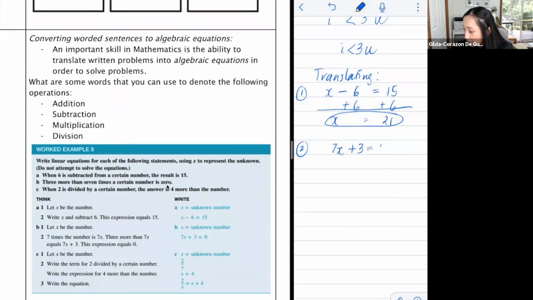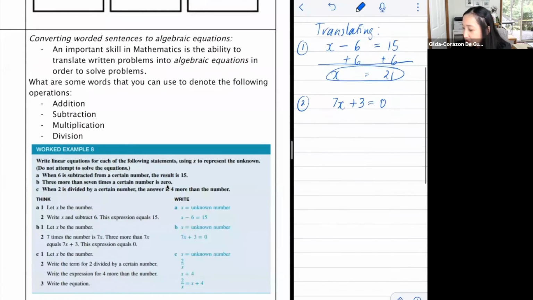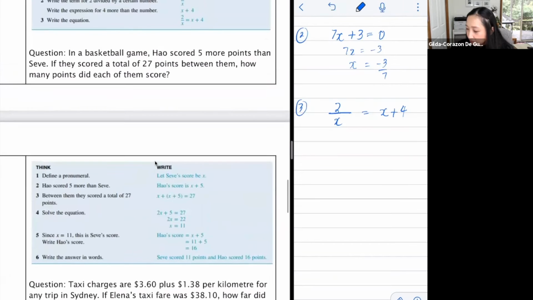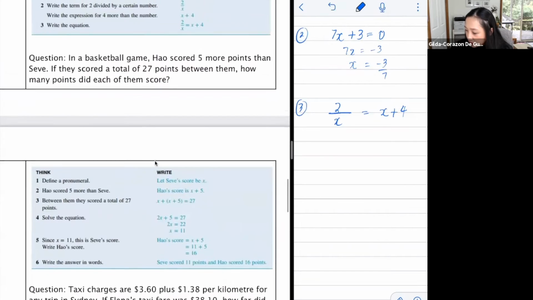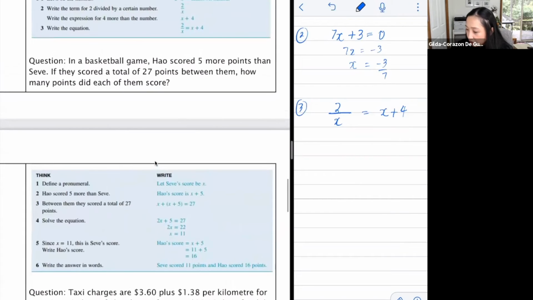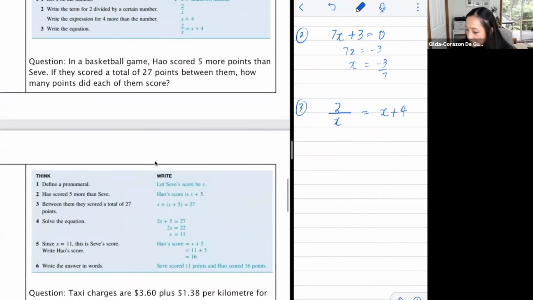0. Okay. All right, and then if we solve it, we say that 7x equals -3, and therefore x is -3/7, and leave it as a fraction. In a basketball game, Howe scored 5 more points than Steve.